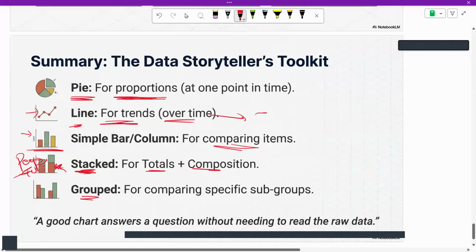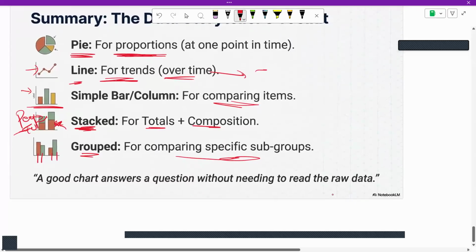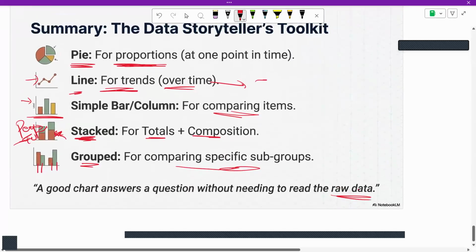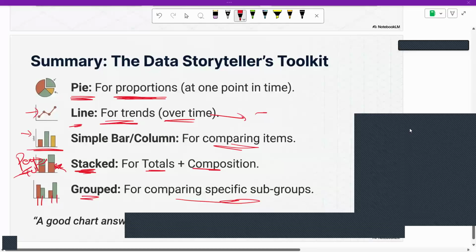And grouped here is side by side comparison, comparing specific subgroups. A good chart answers a question without needing to read the raw data. So if you are presenting, if you are drawing a nice chart, there's no need to go back to the raw data again.